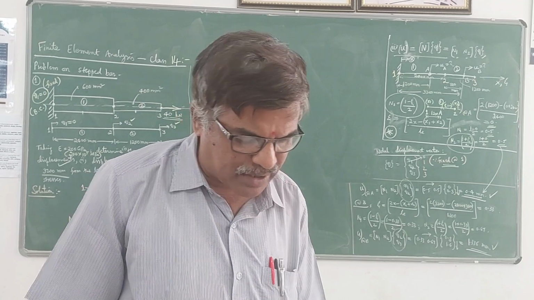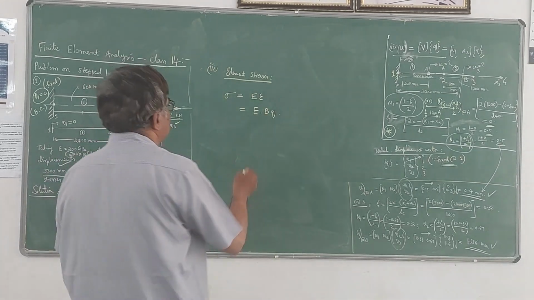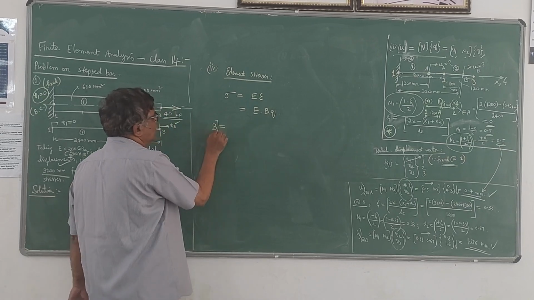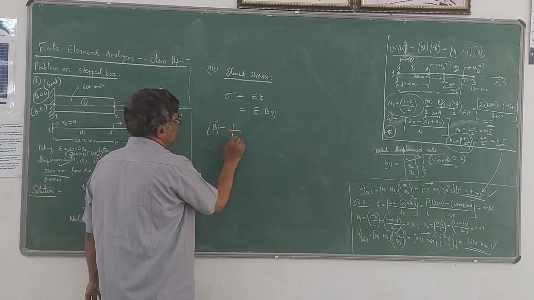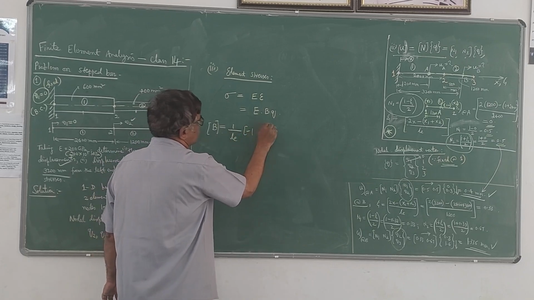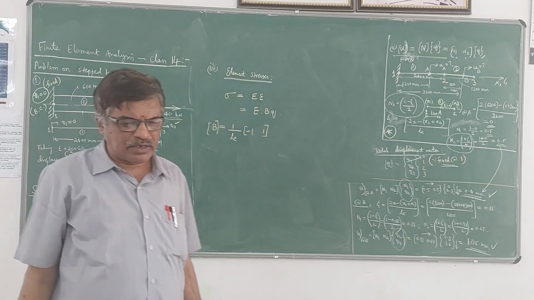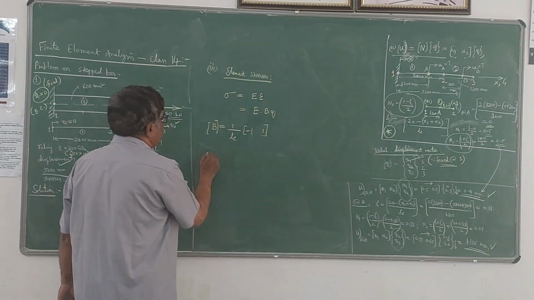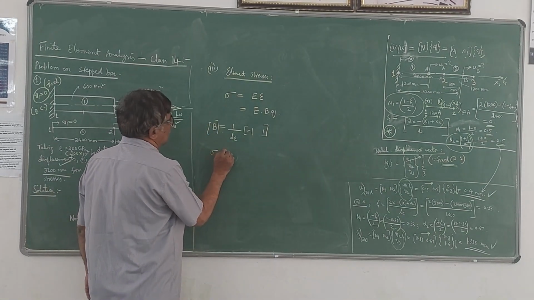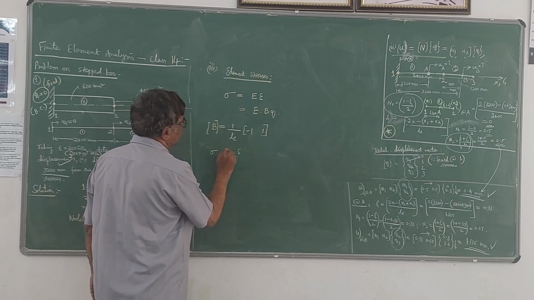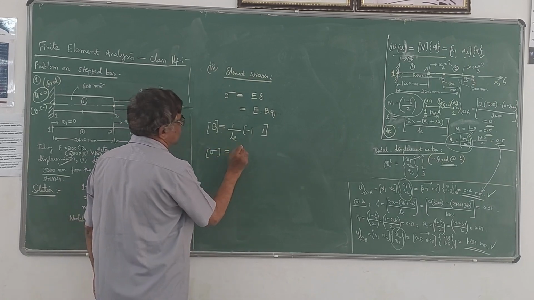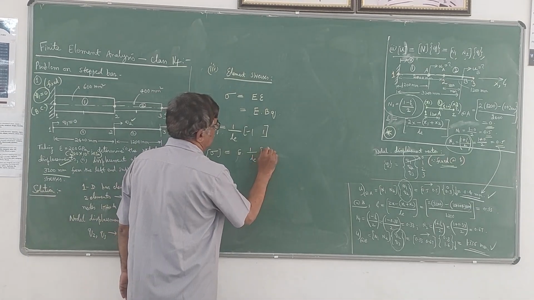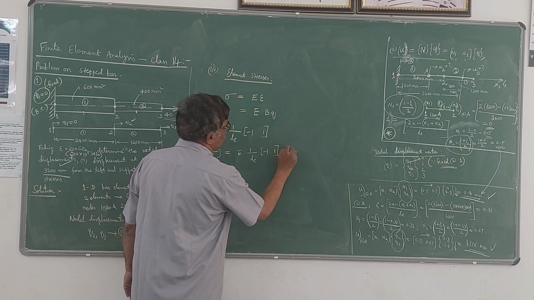For a bar element, B is equal to 1 by LE into [minus 1, 1]. Now if you substitute these, you get sigma is equal to E into 1 by LE into [minus 1, 1] into Q, where E is the constant Young's modulus.